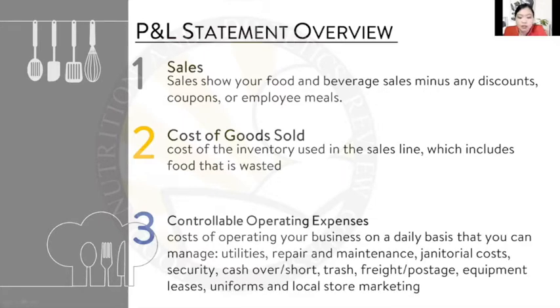Controllable operating expense includes the cost of operating the business on a daily basis that you can manage, like utilities, repair and maintenance, janitorial costs, security, cash over or short, the trash, freight, and postage, equipment leases, uniforms, and local store marketing.